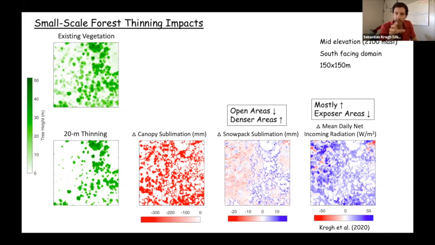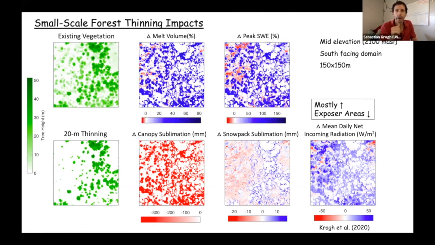And you can see how it changes in places that are relatively open and places that are like forest gaps, and what happens on the forest edges like these ones. All those kinds of interactions are very important to capture the overall pattern. And then you can go ahead and look at changes in melt volumes and peak SWE, which is what we're after today.